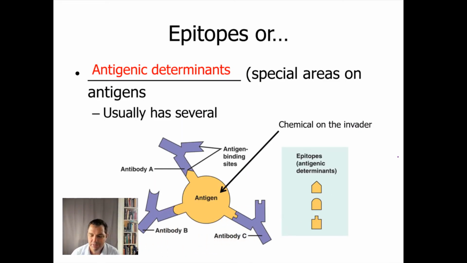Now, normally the way your immune system gets triggered, or fires up, is there's an antigen. An antigen is a particular chemical that your body's responding to, and it's usually something on the bacteria or the virus. There can be different versions of it, and those are often called epitopes or antigenic determinants.